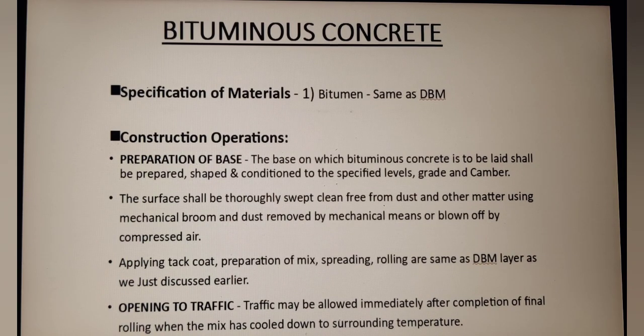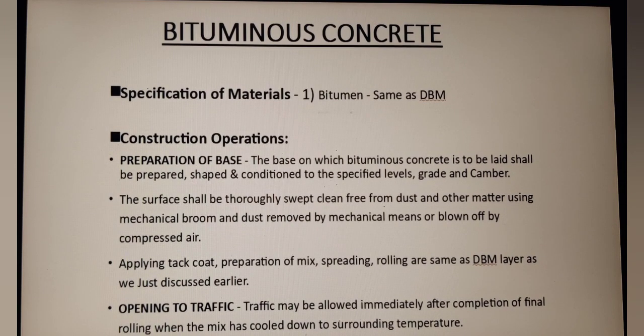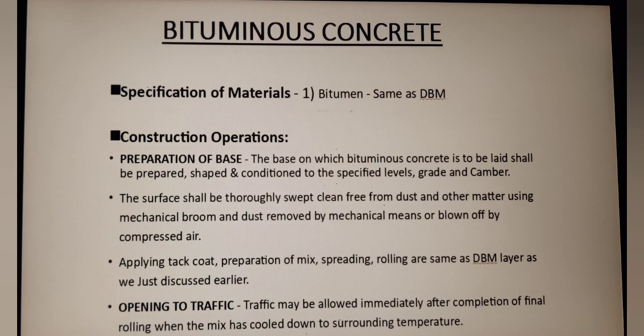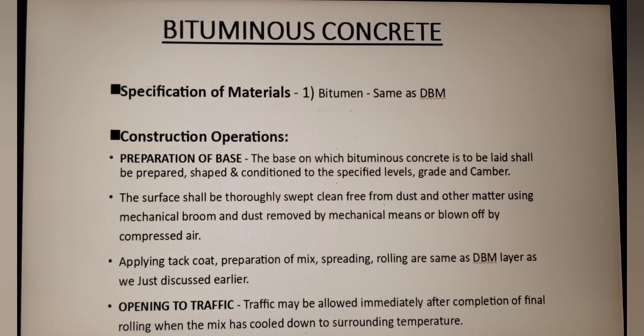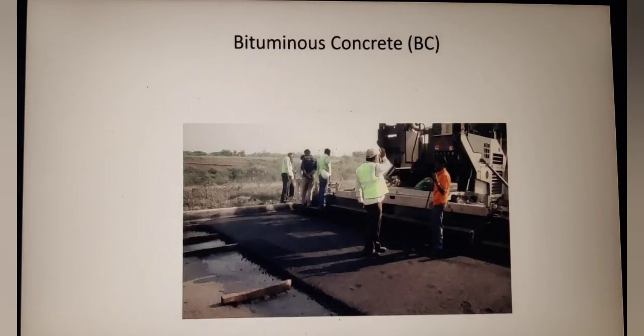After applying the tack coat, we have to spread the mix. Then rolling is done, which is the same as we have explained in the previous case. Then the last step is opening to the traffic. Traffic may be allowed immediately after completion of the final rolling. This is the bituminous concrete road.